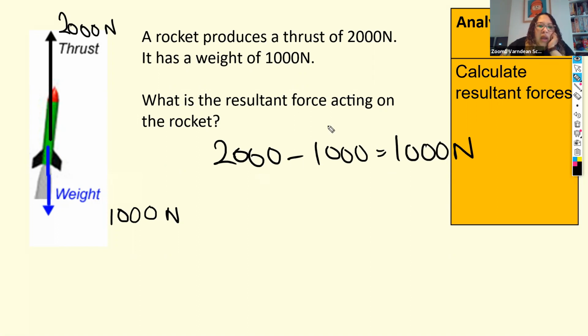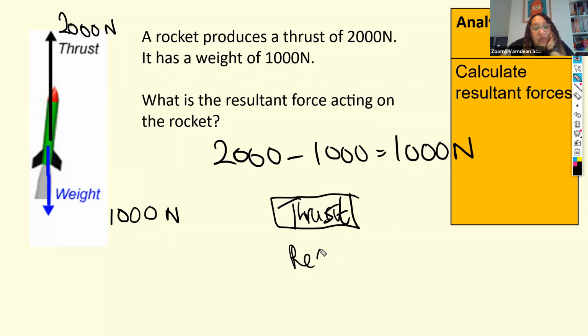So have a little look, and I'm going to give you a moment to think about how I've worked out that the thrust is still driving it up towards space, if you like, and the resultant force is 1,000 newtons. So have a little look and think about how I've come up with that.